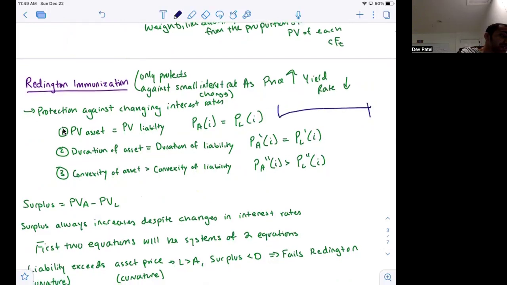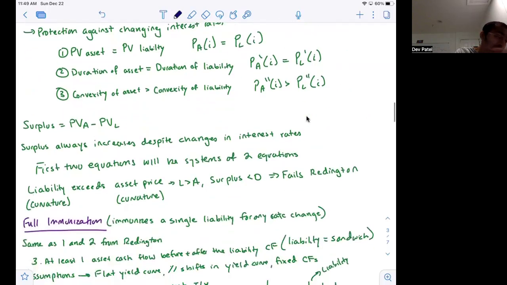Second, the duration of the asset must equal the duration of the liability. And third, the convexity of the asset must be greater than the convexity of the liability. The first two will probably give you a system of equations that you will be able to solve to get a duration, a present value, or how much of each bond to invest in. So that will give you those specific quantities.